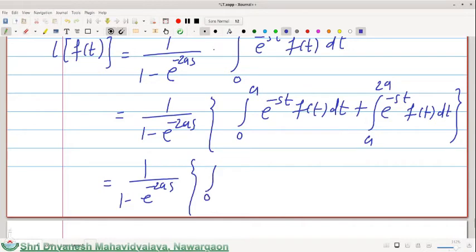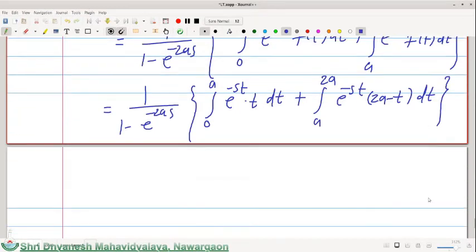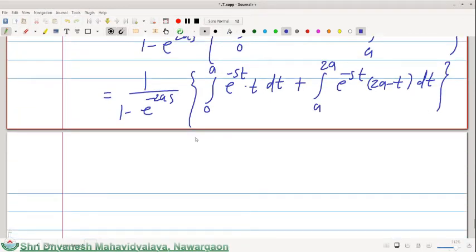So the integration from 0 to a of e to the power minus st times f of t will be t here, and when t lies between a and 2a, f of t is 2a minus t. Okay, so you have to solve these two integrations, as there is a product of two functions. Here also the same, the product of two functions, you have to use integration by parts.